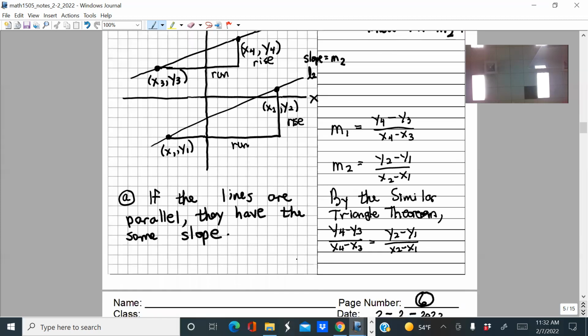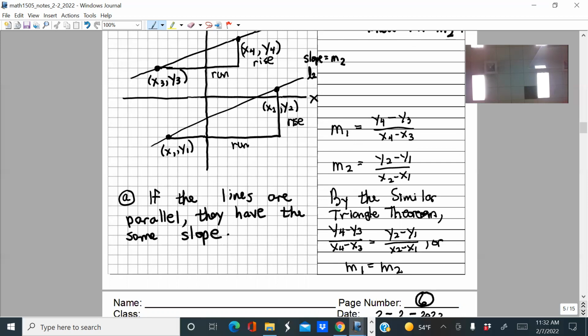So those ratios are the same, or in other words, m1 equals m2. The slopes are the same. So easy, but just similar triangles.